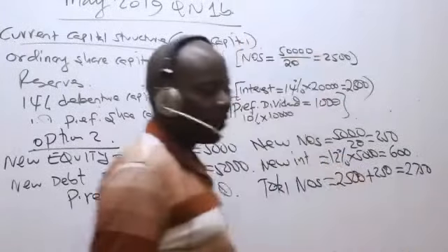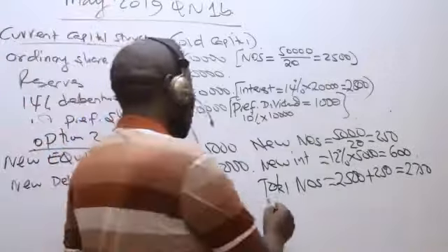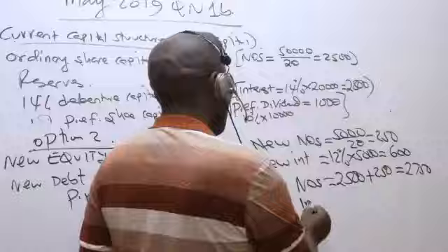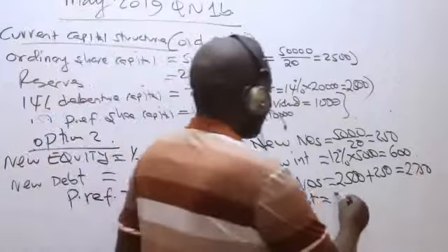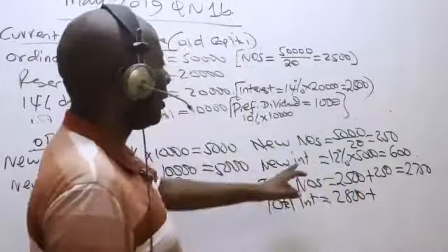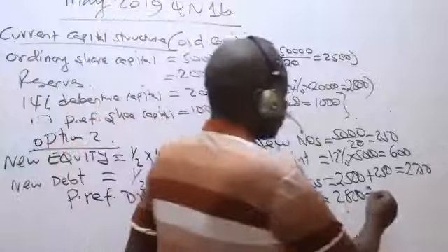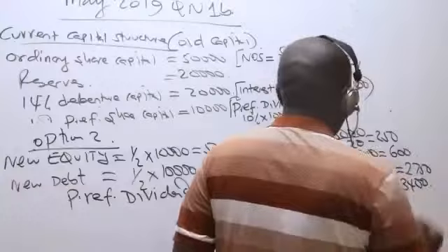For total interest, I'll take the old interest, 2,800, plus the new interest of 600, which ends up giving me 3,400.